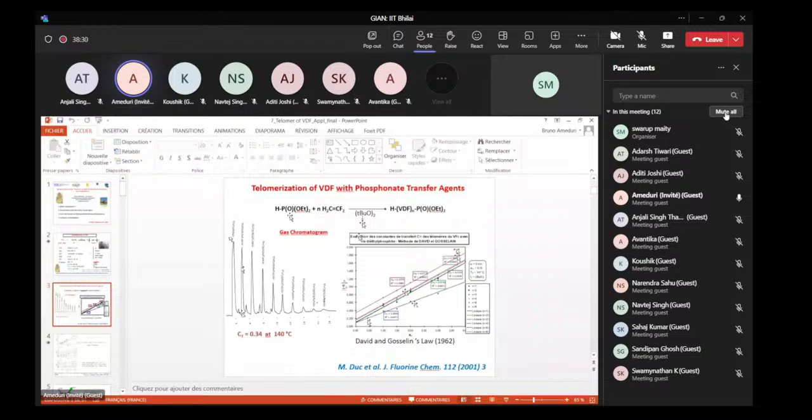This shows that in this case, the chain transfer constant is 0.34 at 140 Celsius. This means that the propagation is much higher than the transfer.